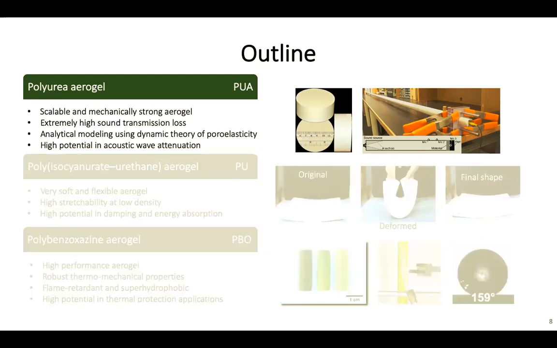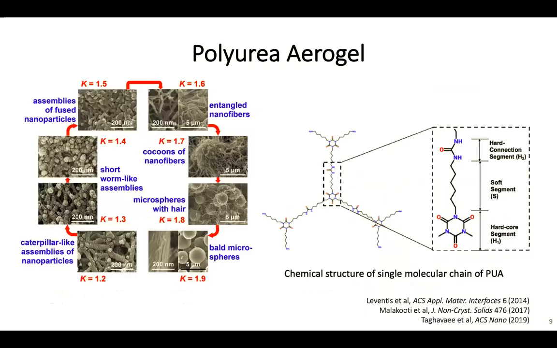So let's talk about the first one. Polyurea is an interesting material, highly scalable, highly multi-scalable. Within the same chemical composition, it has been shown that this material can be synthesized in a variety of microstructures.